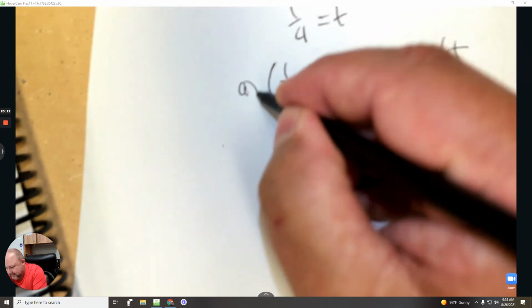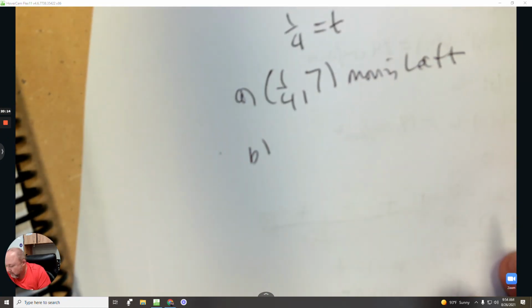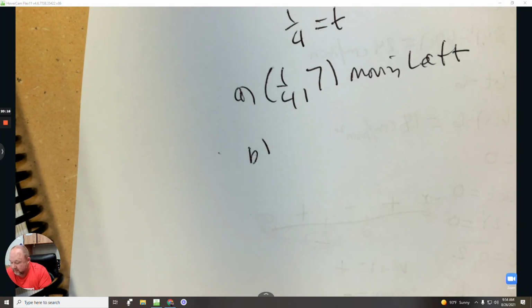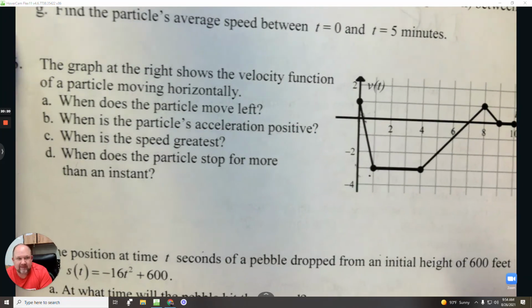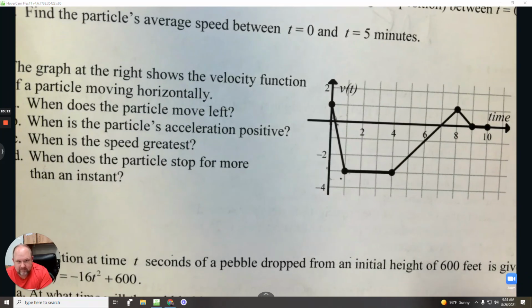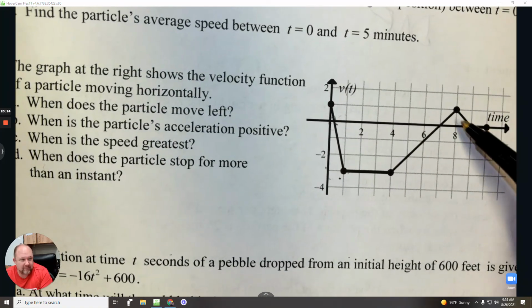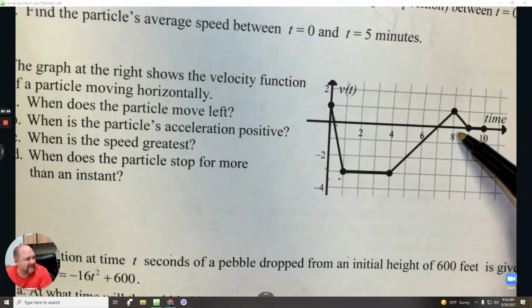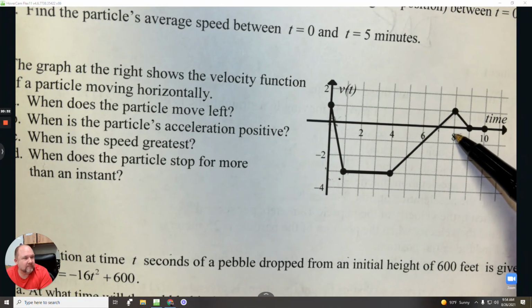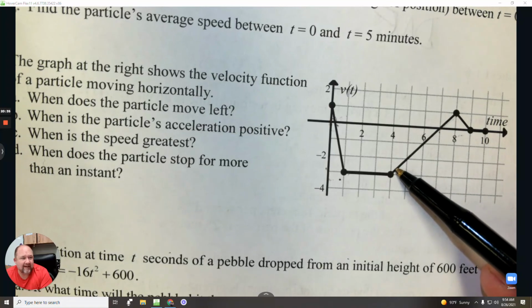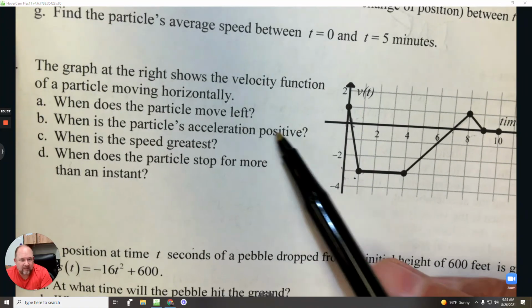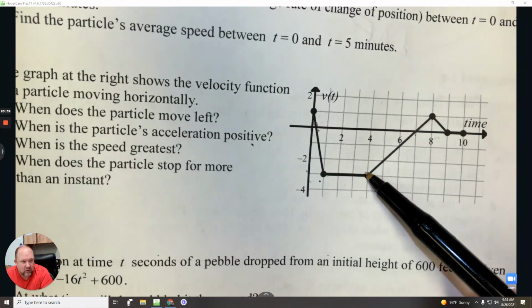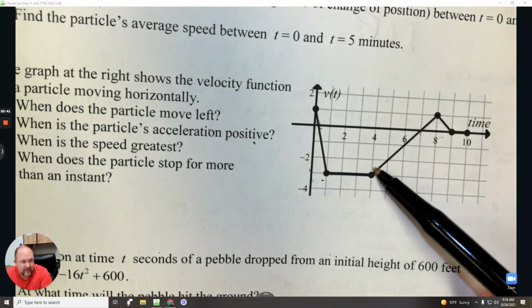Next one, that's A. B, when is the particle's acceleration positive? So the particle's acceleration is positive when it's above and it's a positive slope. Oh no, let's just try that again. So the particle's acceleration is positive when the slope of the velocity is positive.